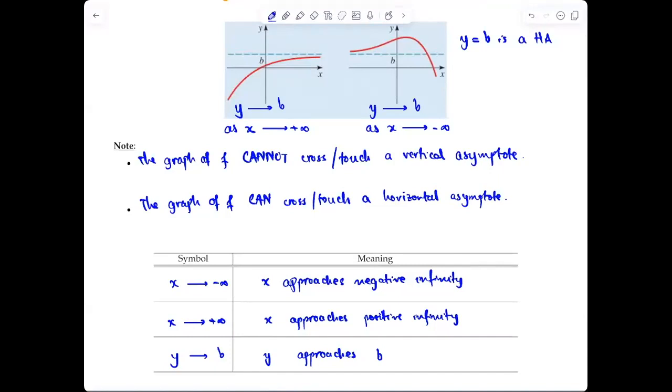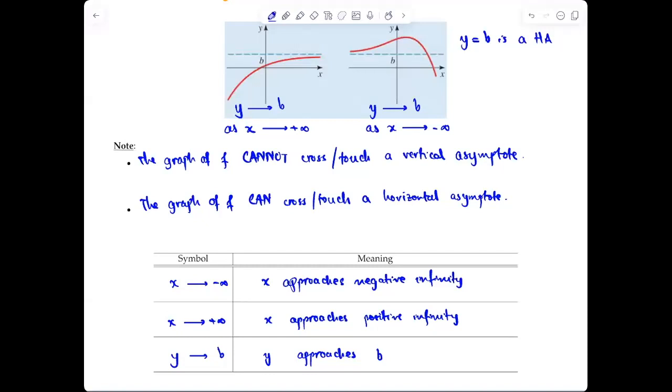So for the first note, why can't the graph cross or touch the vertical asymptote? Is there a reason? We make the observation, so these two statements are true.